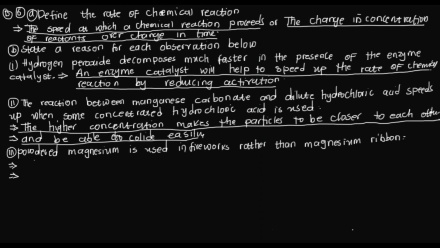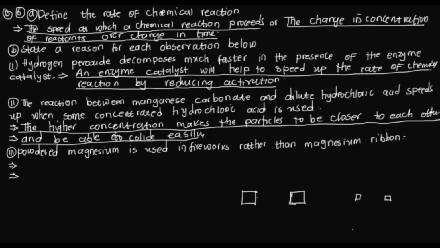For the last one, we are looking at why powdered magnesium is used in fireworks rather than magnesium ribbon. So here we are looking at the size of the particle. How does the size of the particle affect the speed of a reaction? So let's have a picture again. Here we have a particle with this size, then another particle with this size. Then we have this particle and also this particle.